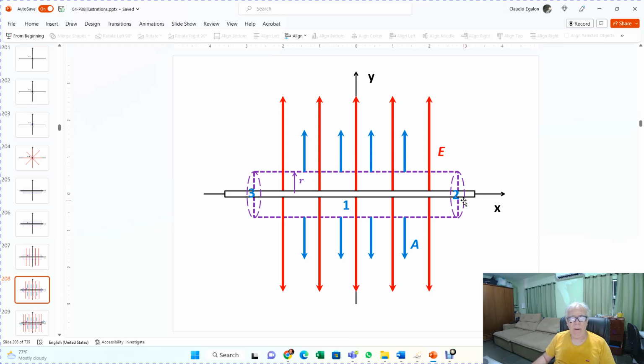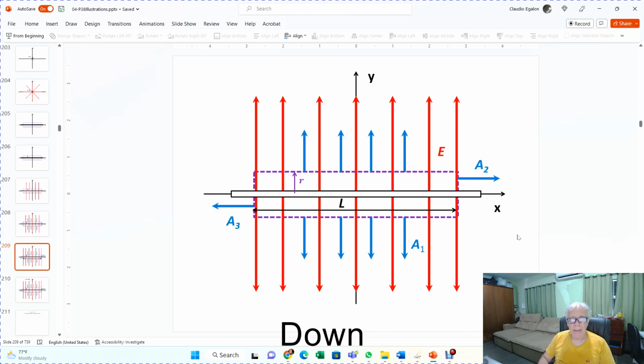The cap on the right side I call surface 2. The cap on the left side I call surface number 3. Here are the area vectors of surfaces 2 and 3, which are going to be perpendicular to my electric field as well.